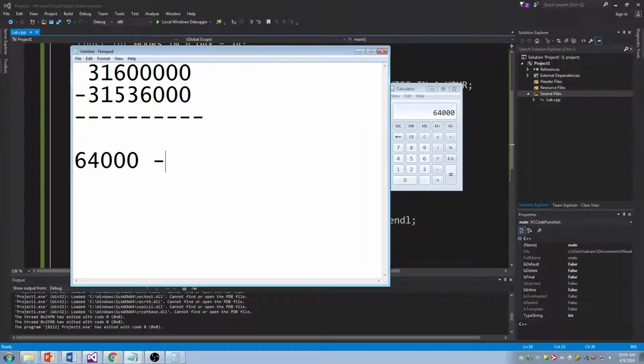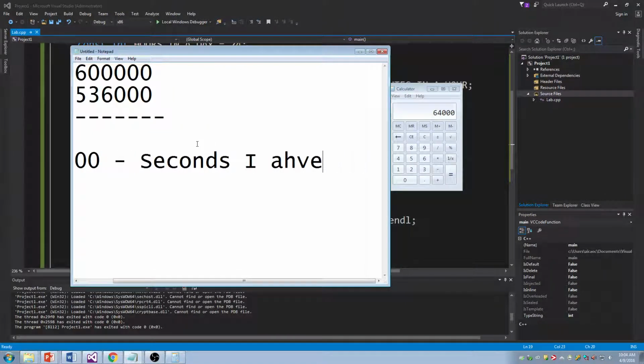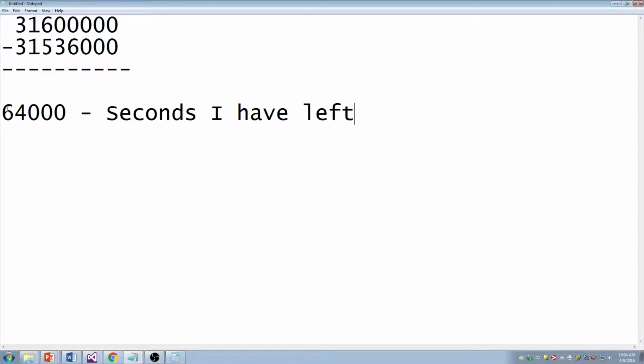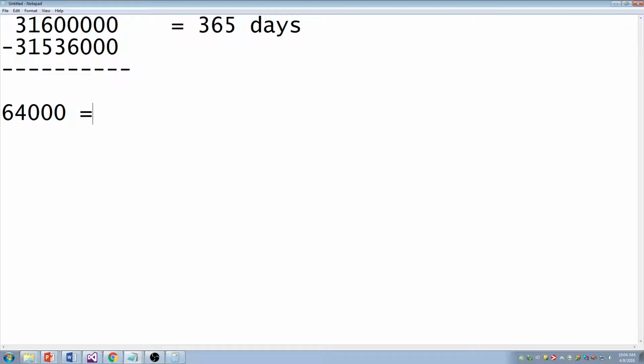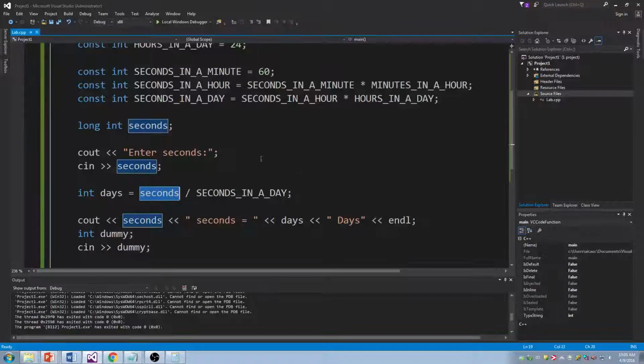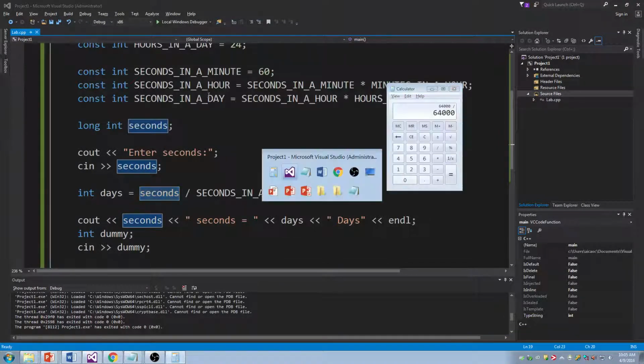This represents how many seconds I have left. So how do I figure out how many hours? So this is equal to, let's just say I have 365 days. How many is equal to how many hours? How do I find that out? I divide this. What do I divide that by? Seconds in an hour, 3,600.